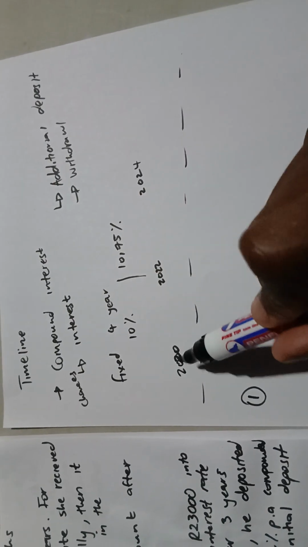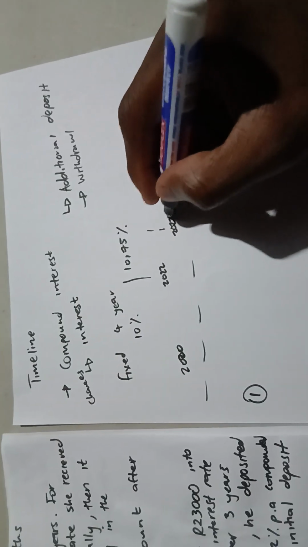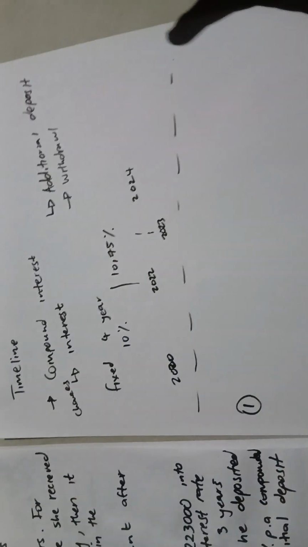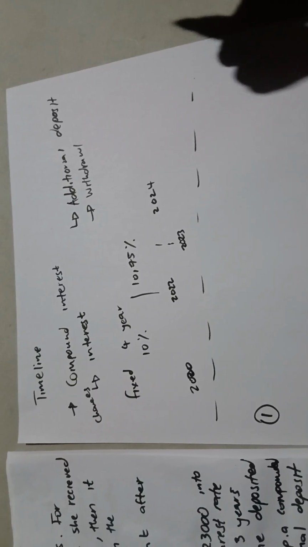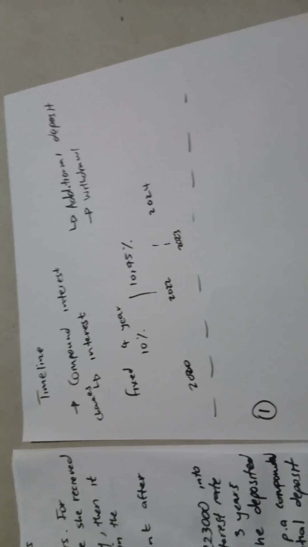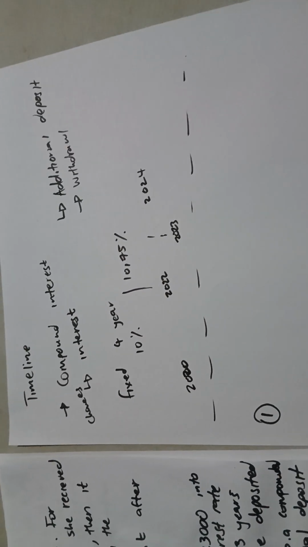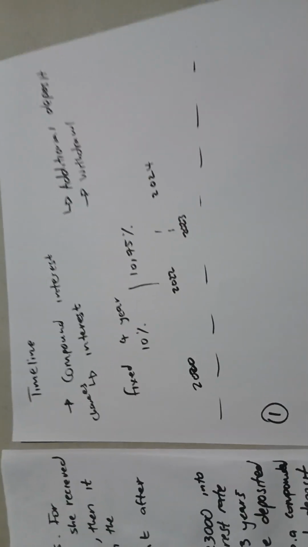You invested in 2020, 2021, and let's say in 2023, unfortunately something comes up and you need the money urgently, so you withdraw some of the money. Something will happen. Since you withdrew that money, it will affect the interest you will get in 2024. So it's basically what we'll be focusing on.